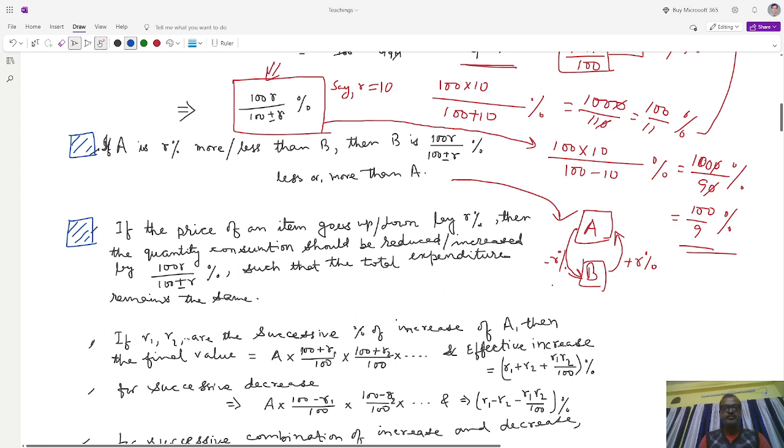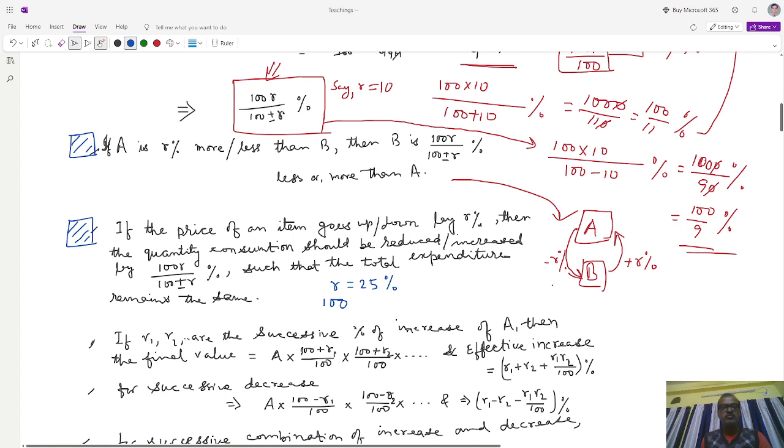If it is a question like that, then what I said here, R equals 25%, the rate of increase. So how much do we need to reduce the quantity of consumption so that the total expenditure will remain the same?